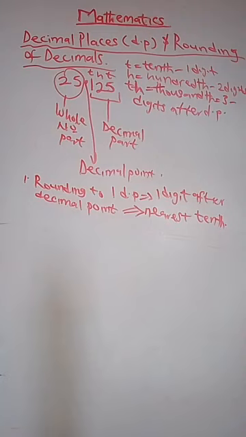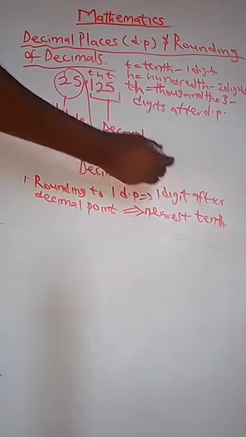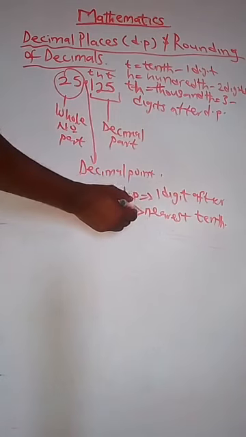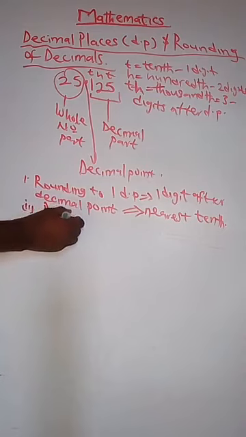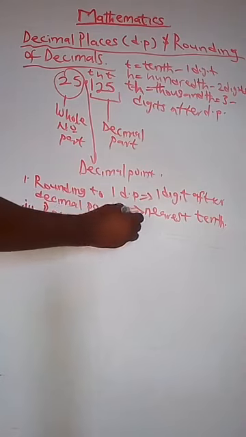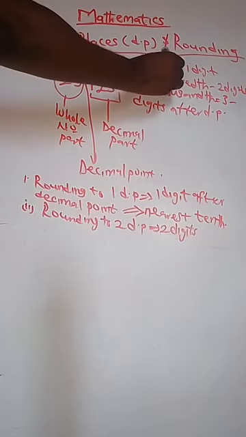Please take note of that. So, rounding to one decimal place means 1 digit after the decimal point, and it's also the same thing as nearest tenth. 2. Rounding to 2 decimal places means 2 digits, like I've explained here.